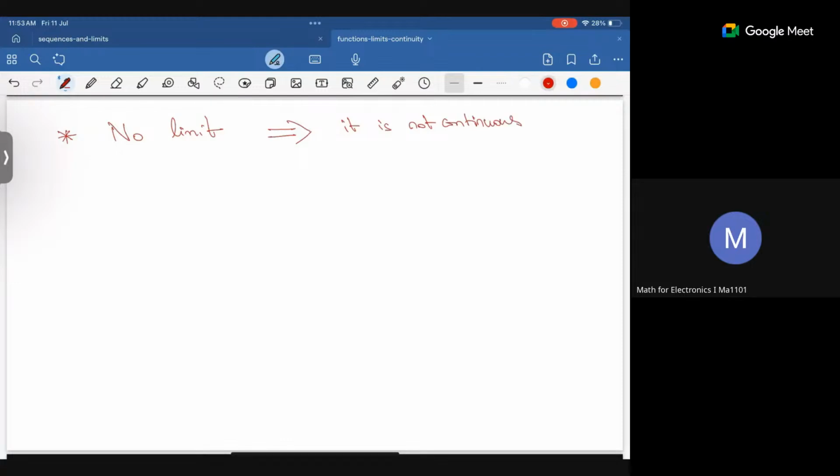And the other statement, the contrapositive of this, is if it is continuous at a point, then I can say the limit should definitely exist.